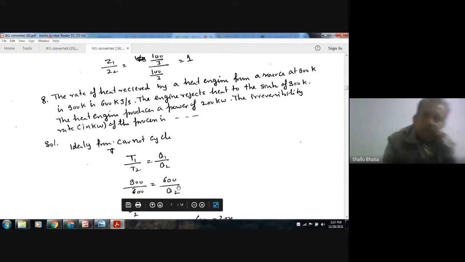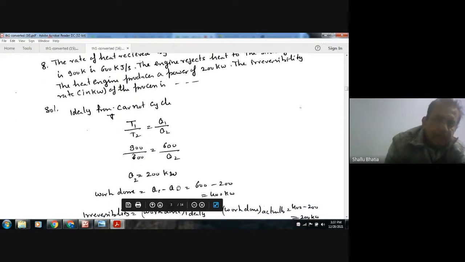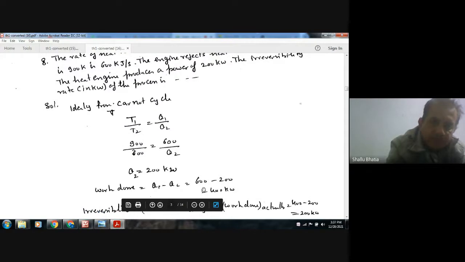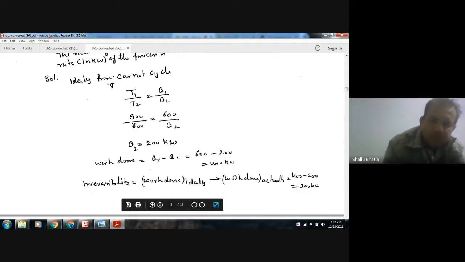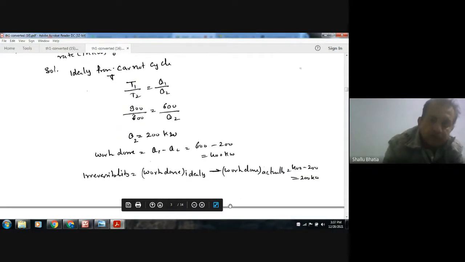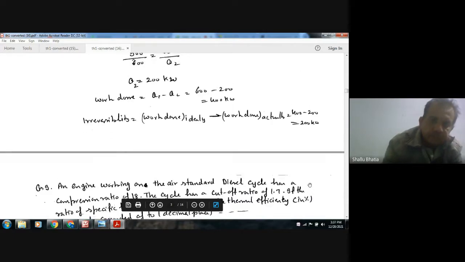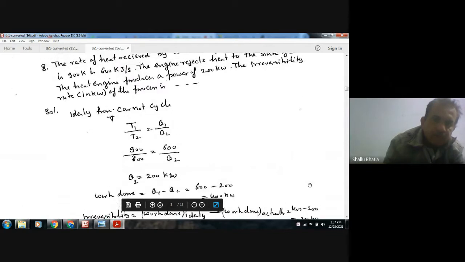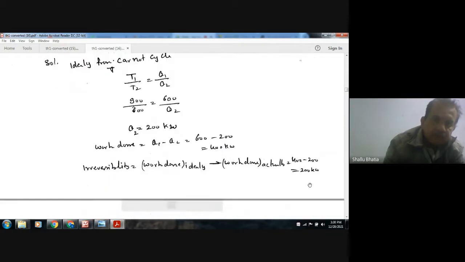Once Q2 is found, we can find the reversible work done, which is Q1 minus Q2, that is 400. But the work done actually is 200, so ideally it should be 400. So 400 minus 200 is the irreversibility. So the answer is 200 kilowatt.